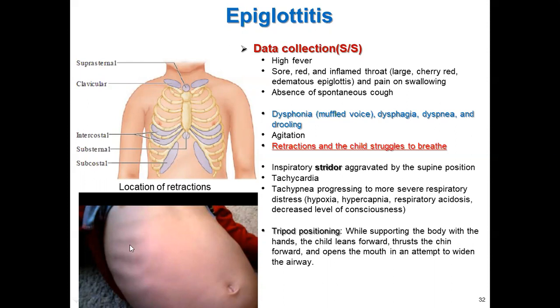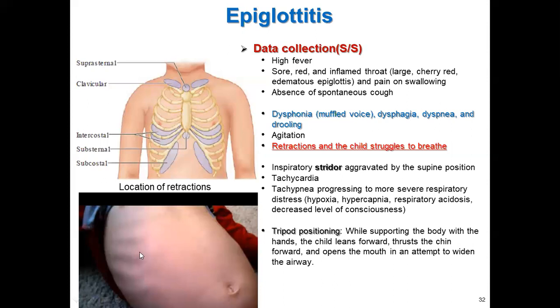So in picture number 2, we can see the depression in between two ribs. This is retraction. It means your baby needs oxygen, they're struggling for breathing.